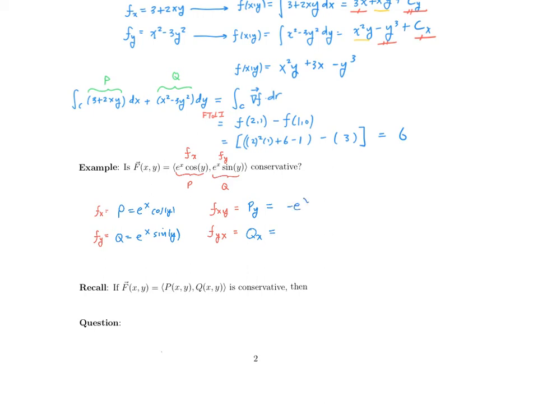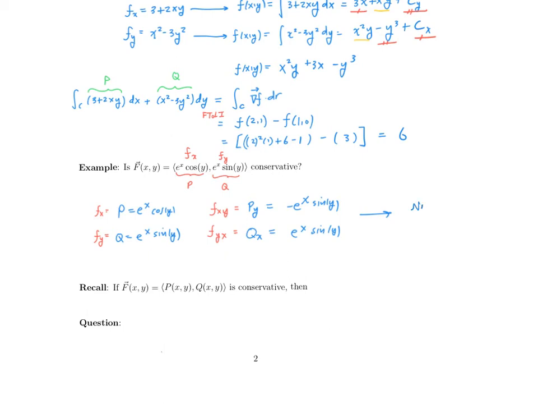In this case, when we take the partial with respect to y of p and the partial with respect to x of q, they differ by a negative sign, so they are not equal. And since they are not equal, that would imply that these mixed partials are not equal, so such a function could not possibly exist.